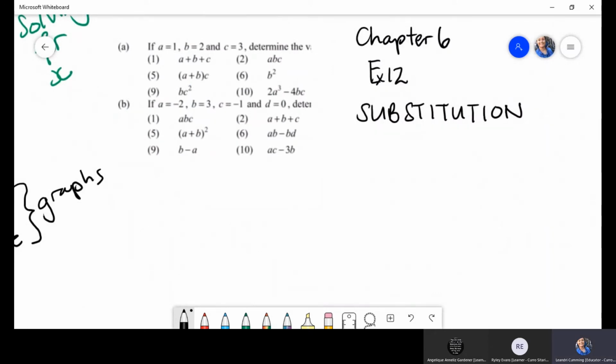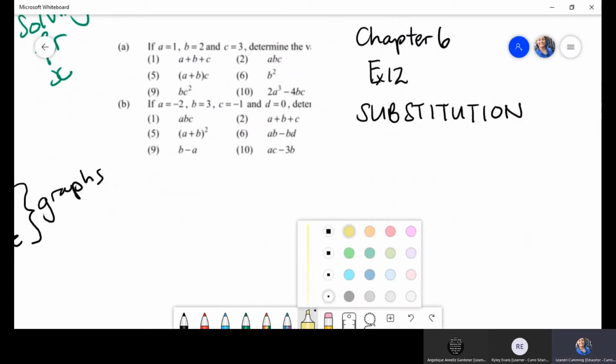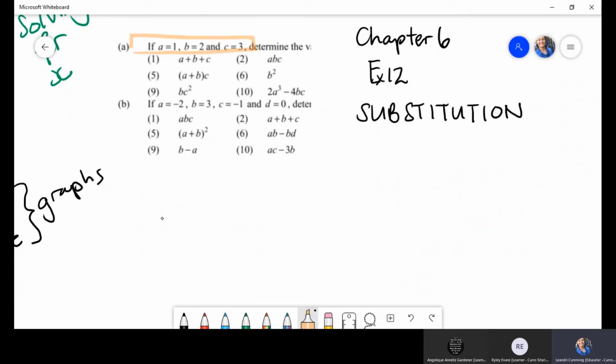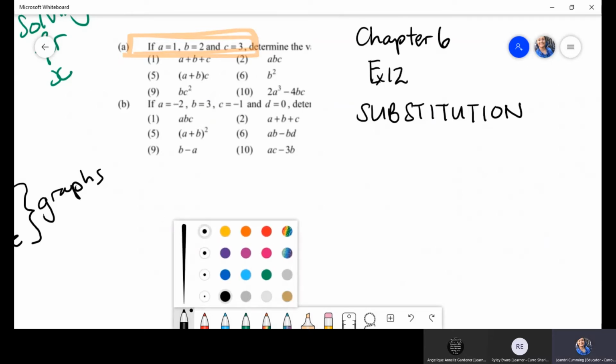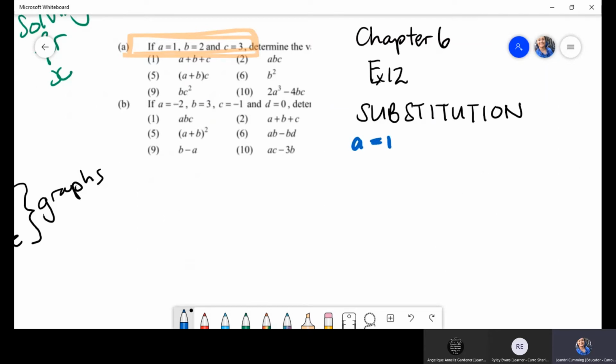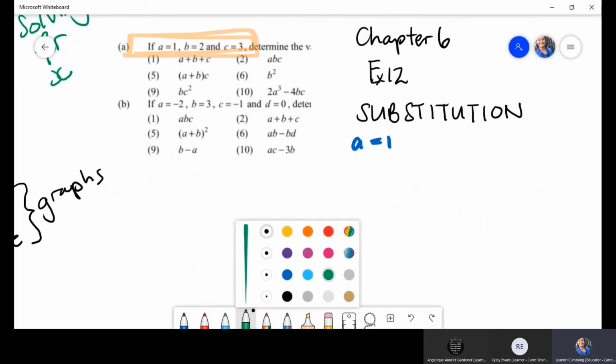Very important also with substitution as such is to understand that the given values need to be used in order to determine the value of the expression. You must write them down correctly. You must read your question. If the question states that A, let me color code them, for this one, A is 1 in this instance.